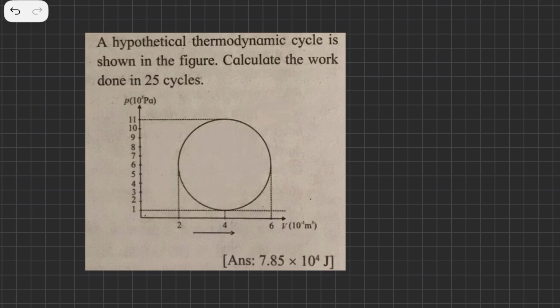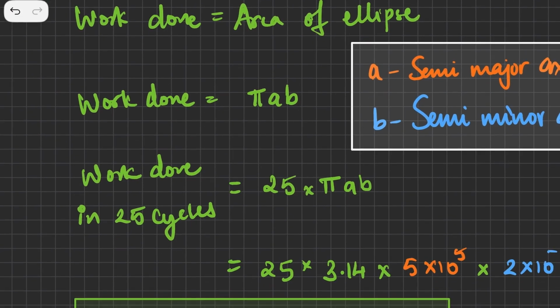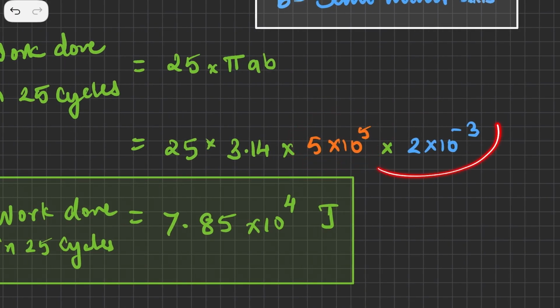Why is this 5 into 10 raised to 5? Because the center is at 6 and this is 11. So 11 minus 6 is 5, and there is a multiplying factor of 10 raised to 5. So a is 5 into 10 raised to 5, and b is 2 into 10 raised to minus 3.